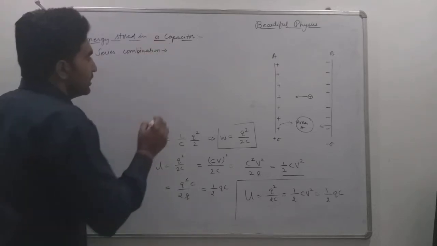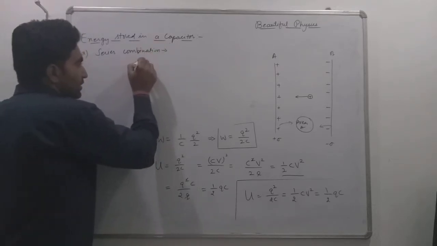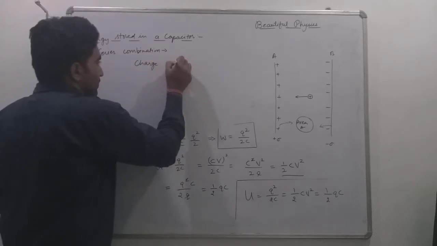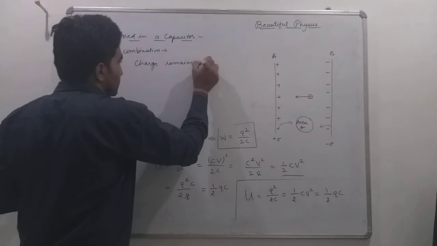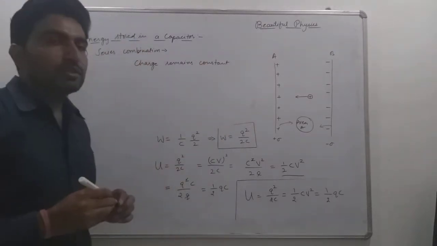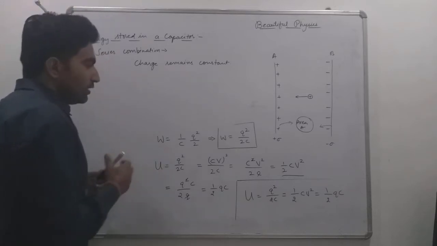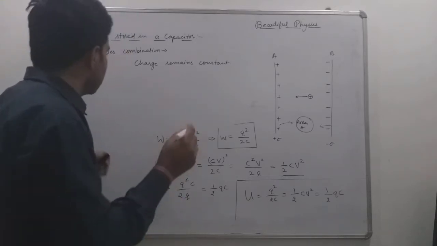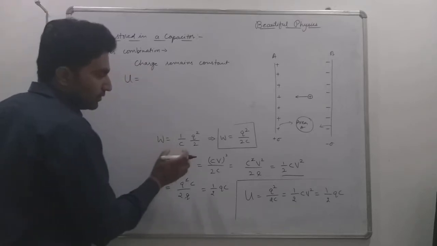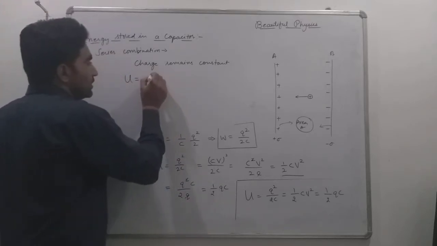In series combination, we know that charge remains constant. So we will use the energy stored in the form Q square by 2C.